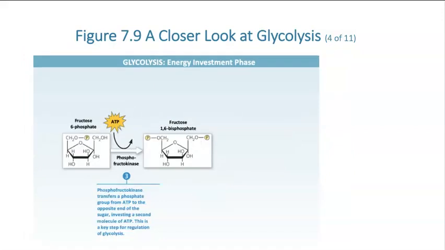After we make fructose 6-phosphate, we're going to use an enzyme called phosphofructokinase. Remember, we got a kinase again, and whenever we have a kinase, at least in glycolysis, we're going to take a phosphate and put it on a substrate.